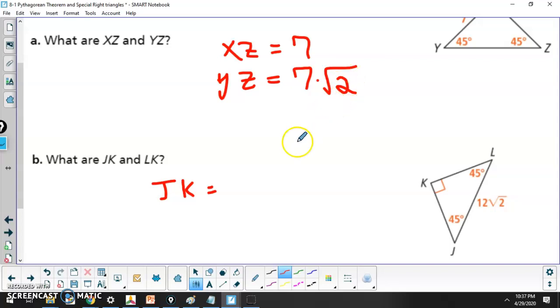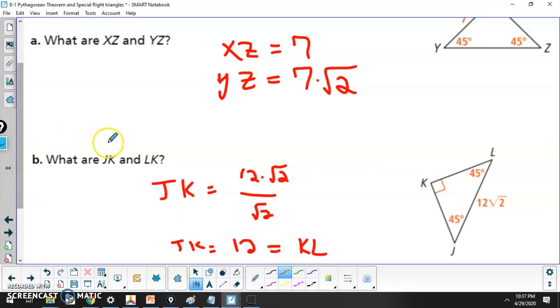We're going to divide by the square root of 2. We have 12 times the square root of 2, and to find one of the legs we divide by the square root of 2. So JK is simply 12, which is the same as KL.